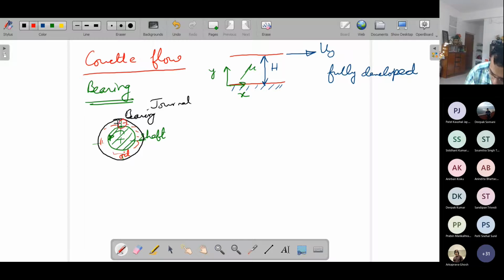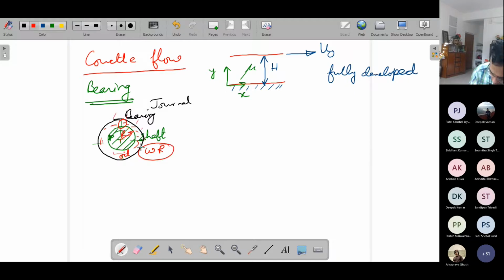Because this gap is very narrow, although these have curvature, locally they can be conceived as very similar to parallel plates, because the curvature effect may be very important if the gap is large. If the gap is small, the curvature effect is not that important. That is the difference in curvature between the two surfaces. Now, out of these surfaces, in this case, the inner one is having a tangential motion. If omega is the angular velocity and r is the radius, you have the tangential velocity equal to omega r.